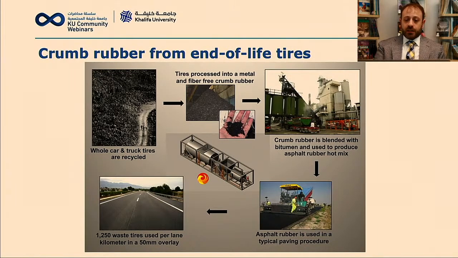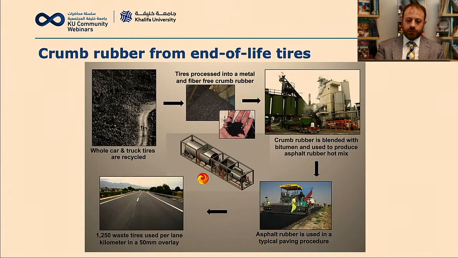Good thing is that even though this material is very different in terms of behavior compared to the traditional HMAs, we don't need any adjustment for our machines in field. So we can just use the same technology that we are using for traditional hot mix asphalt.